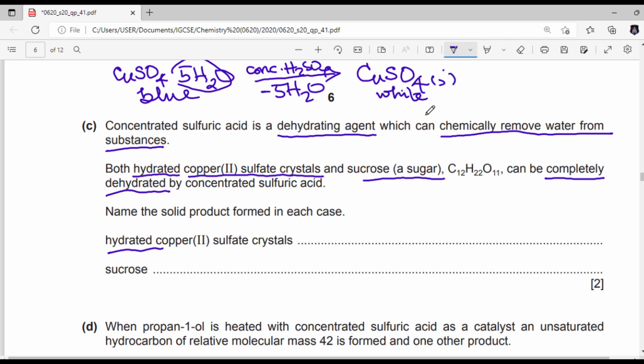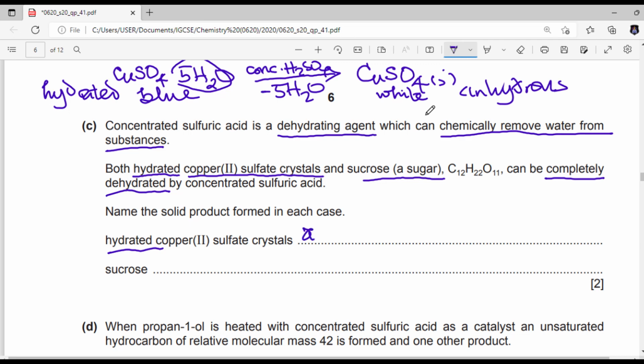Now this white is called anhydrous, while this one is hydrated. So the hydrated copper 2 sulfate is blue crystals, while the anhydrous copper 2 sulfate is a white powder, right? So they are told to name the solid product that will form.